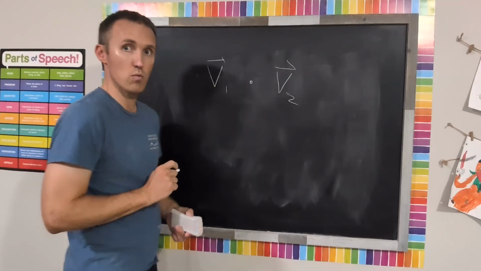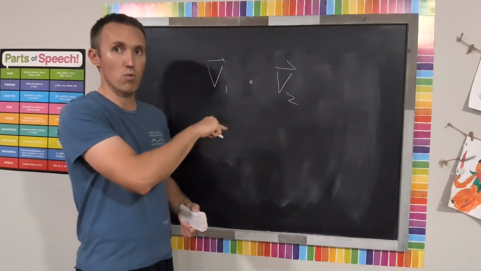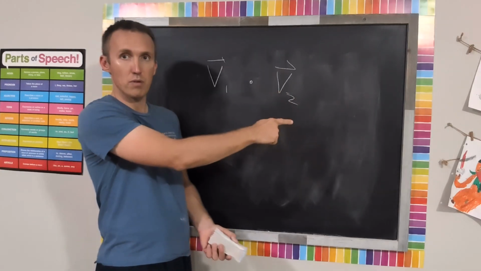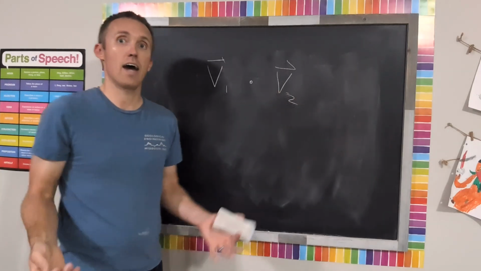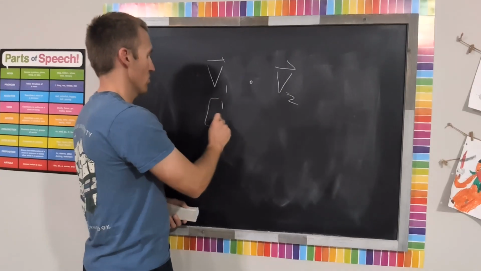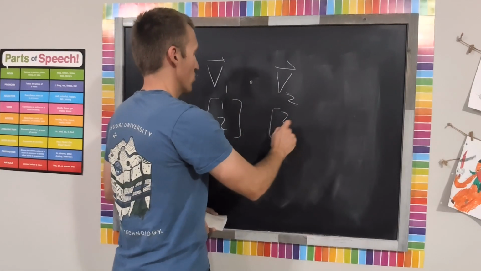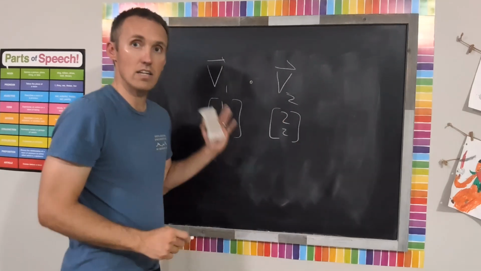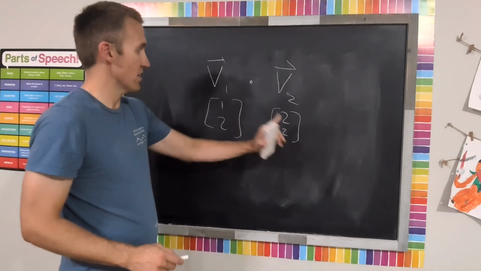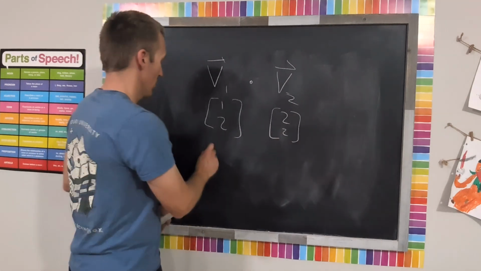So v1 dot v2 is going to be all the numbers in v1 multiplied by the corresponding numbers in v2, and then added up together. So if my v1 is 1, 2, and my v2 is 2, 2, then to take the dot product, I would multiply the top numbers and then add those to the product of the bottom numbers.